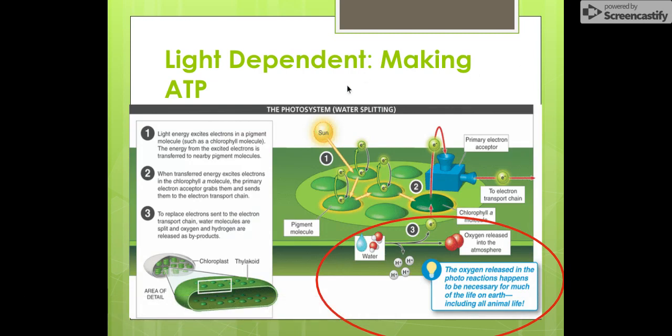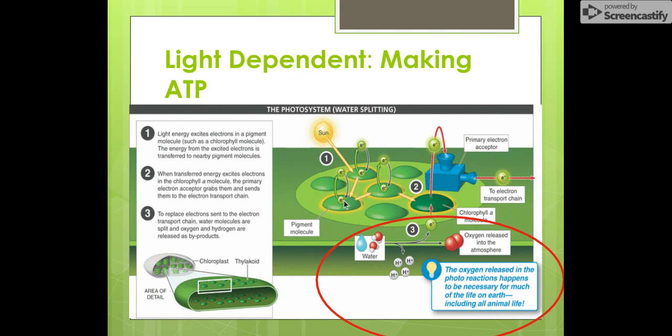All right, so making ATP. Essentially what we see here is that light energy from the sun comes and it hits this chlorophyll molecule, typically in that blue or red wavelength. What that does is it excites one of these electrons.